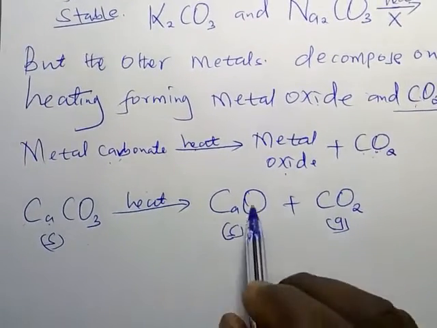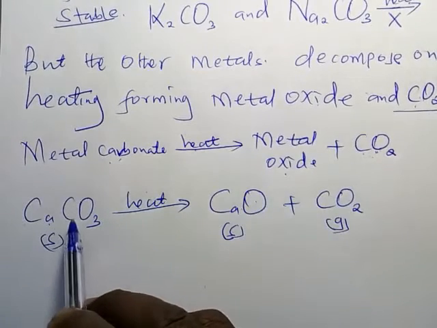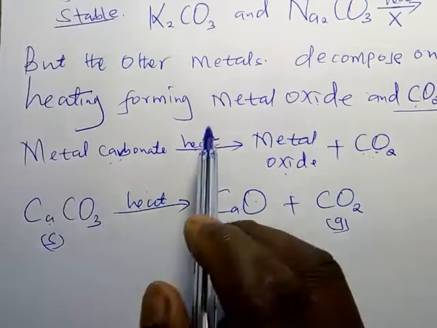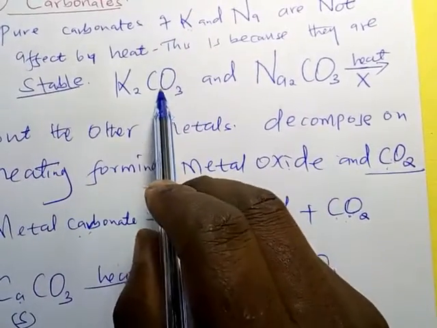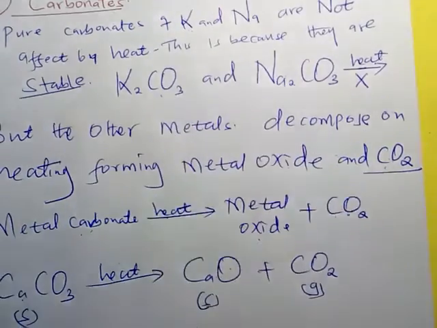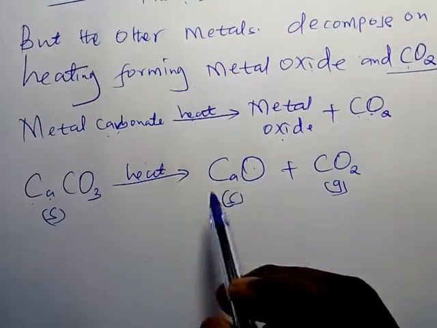So remember, all oxides are solids. This is a gas. All carbonates are solids and are insoluble, except those of sodium and potassium. These ones are soluble, they dissolve. The rest are solids.